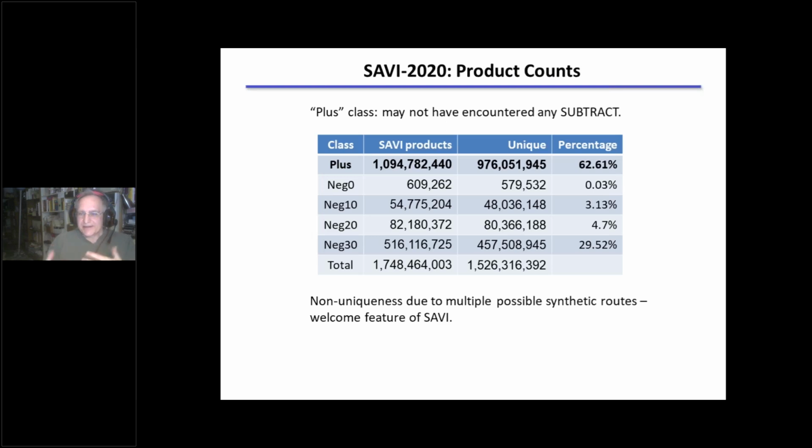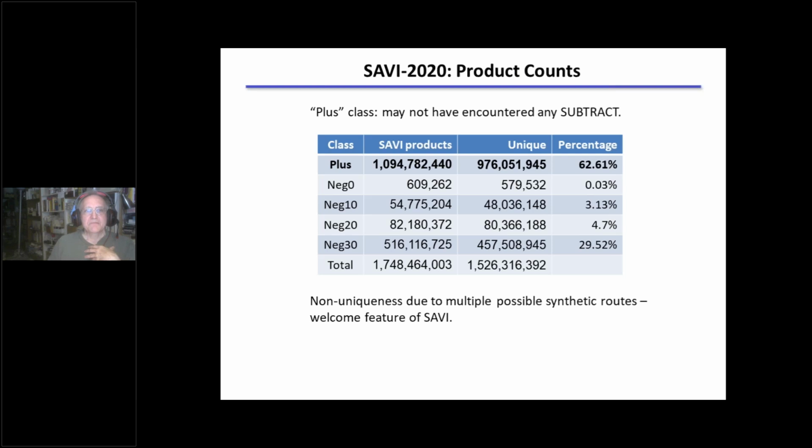This scoring that I mentioned allows us to categorize or classify the products into different classes, quality classes, if you will. And the plus class at the top are reactions that did not encounter any of the detractions, any of the subtract statements. Okay, and then you have, or we defined, classes where increasingly severe subtract events were encountered in the logic.